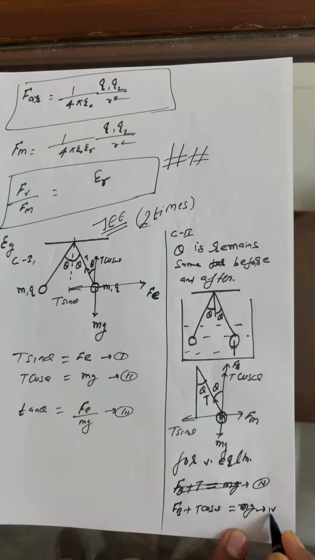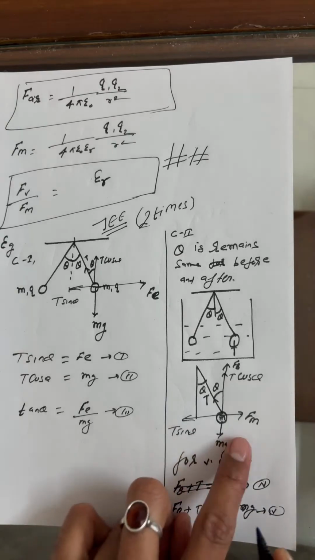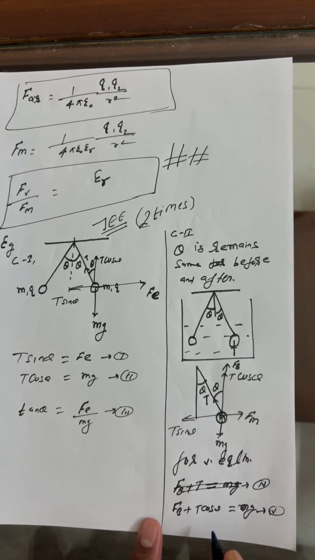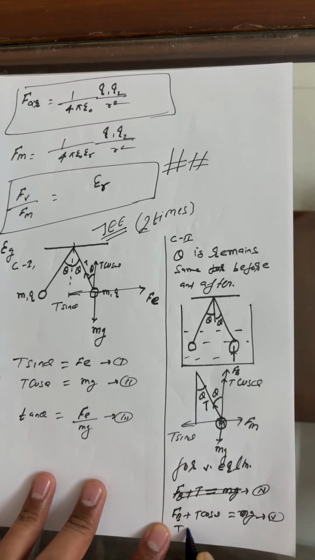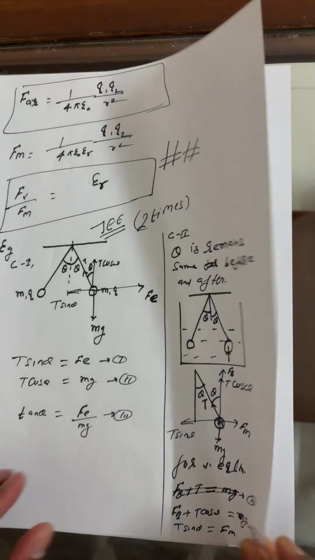This is equation number four. Now just equate your horizontal forces. Then we can write T sin theta, which equals Fm. Just equate these two. I'll write here once again.